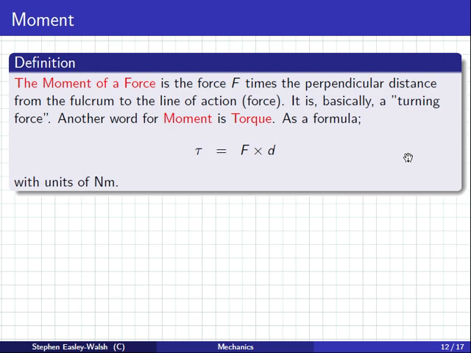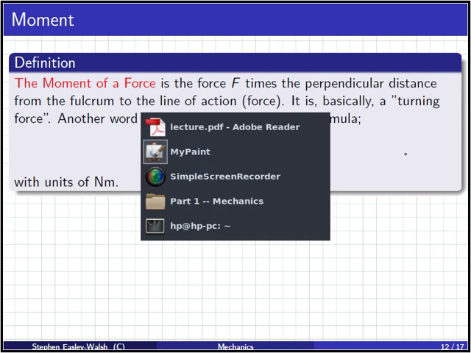Now, before you write it down, let me just explain. Let's say here is your turning point, and here is your lever.